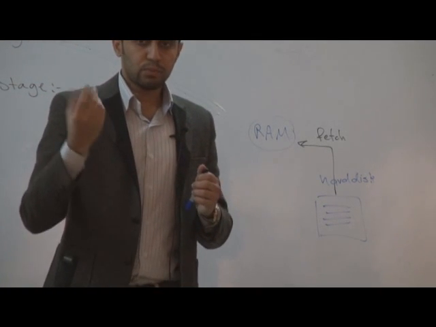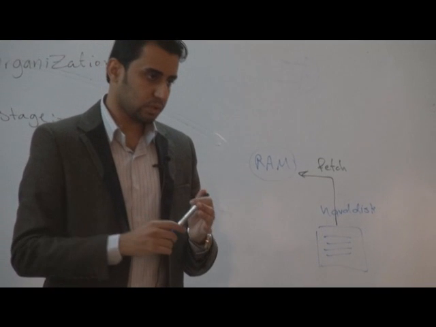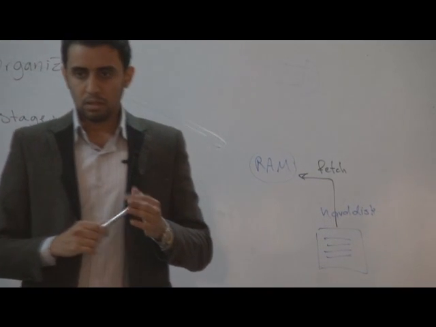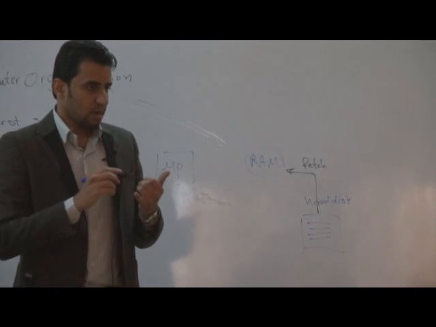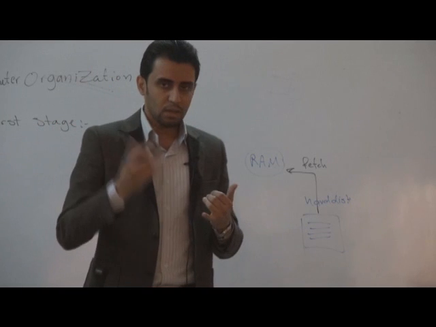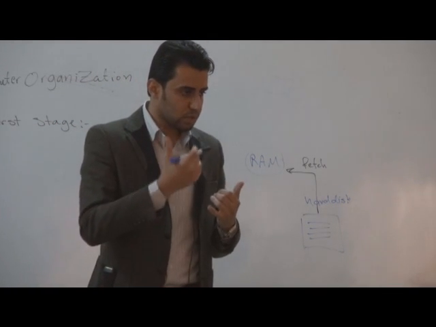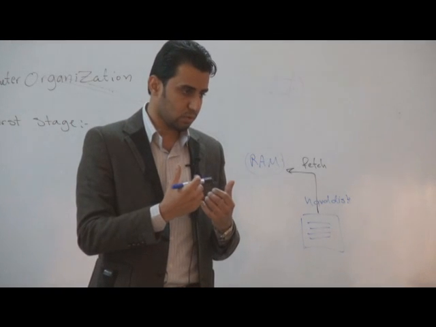All data that's important to make the computer able to work, we will fetch it. First, we fetch all the files that help the computer to work. All the Windows files, the operating system, we will fetch it. Where? To RAM.